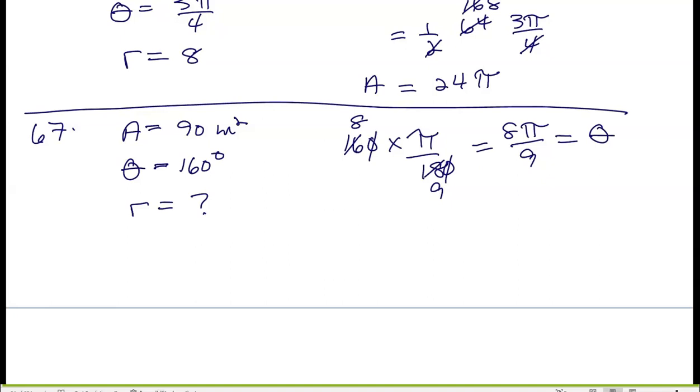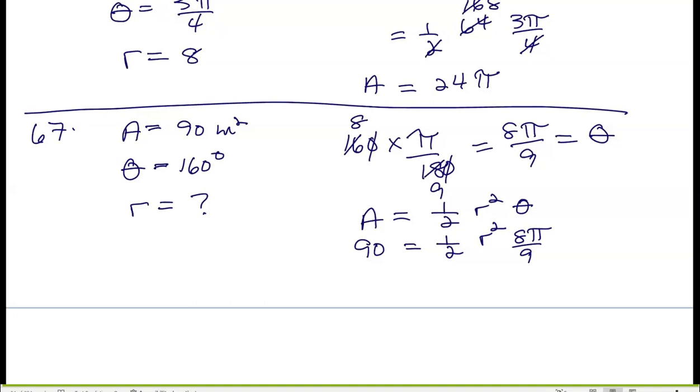That's what I need. So if I know that area equals 1/2 r squared times theta, they told me the area is 90. This equals 1/2. Okay, so r squared is what I'm looking for. And then theta is 8 pi over 9.